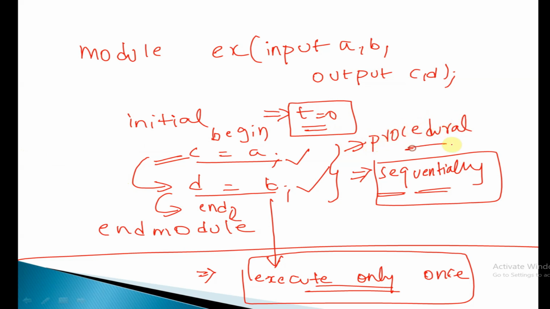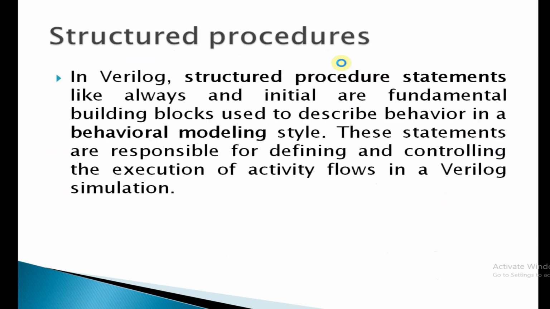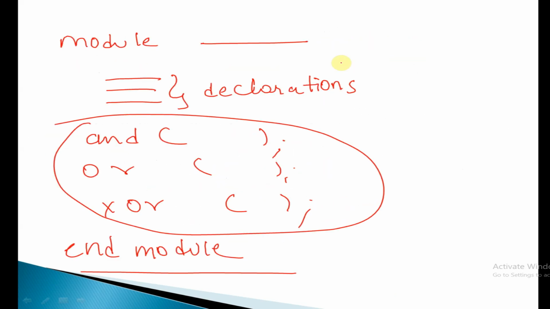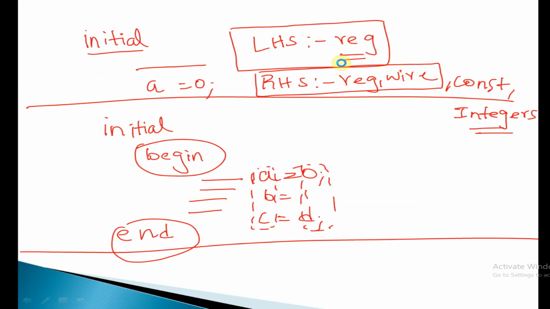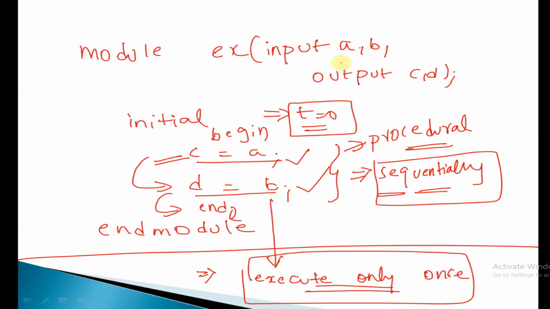That's why these blocks are known as sequential structured procedures. So this initial block and always block are known as structured procedures. Inside an initial block, the statements will get executed sequentially, that is one by one, not parallelly.